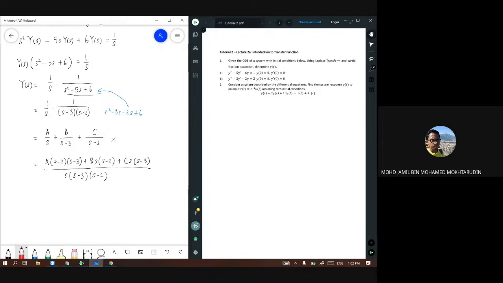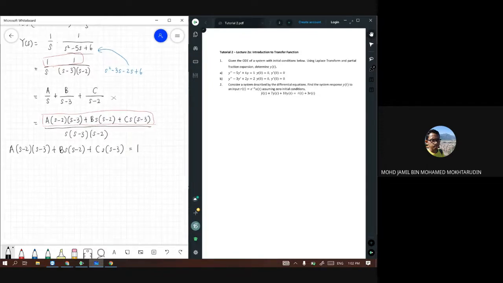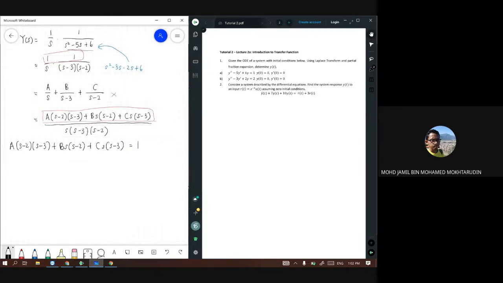Okay, so you can equate, okay, samakan yang atas ni dengan ni. So you get A(s minus 2)(s minus 3) plus Bs(s minus 2) plus Cs(s minus 3) equals 1. Then you need to find value of A, B, and C.